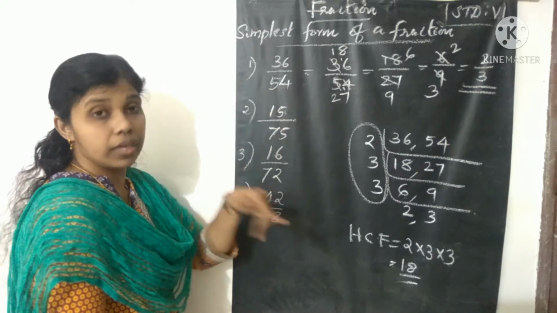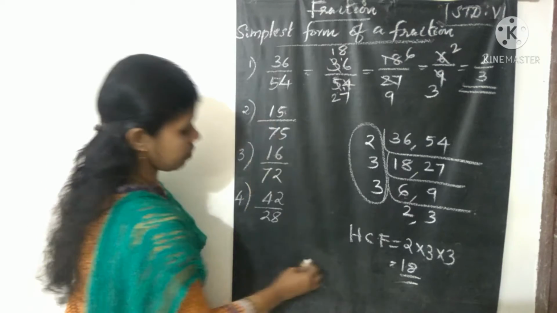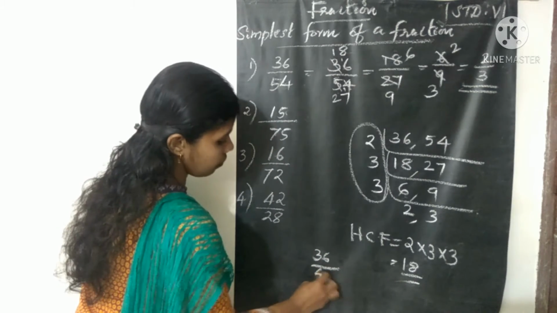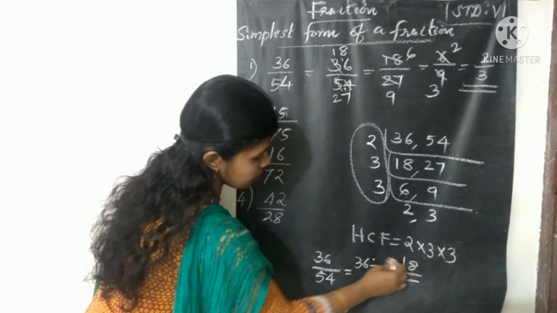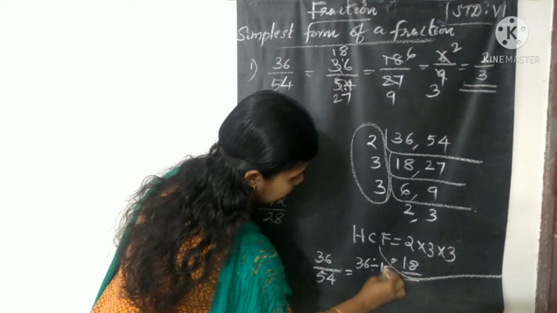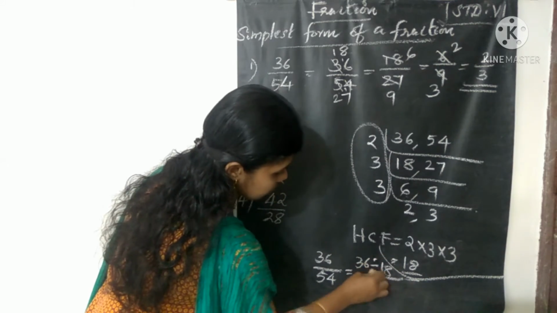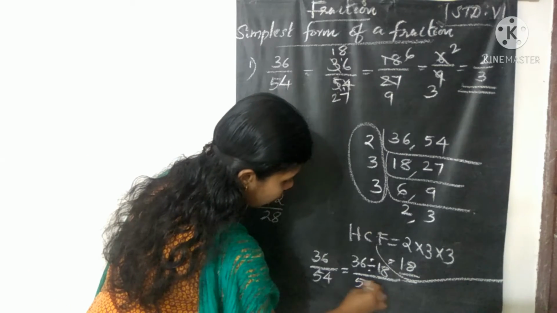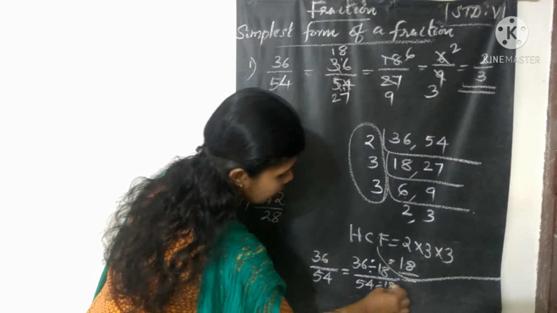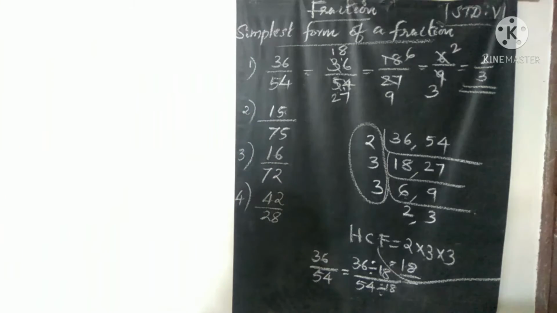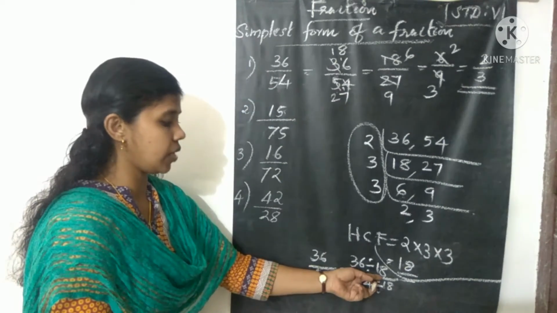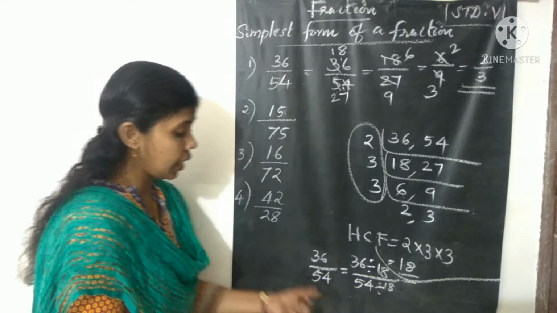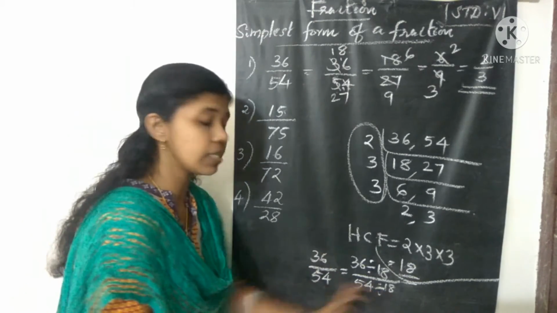Okay, then what is the next step? The next step is 36 by 54 equals 36 divided by this HCF, 18, and 54 divided by the HCF of 36 and 54, that is 18.